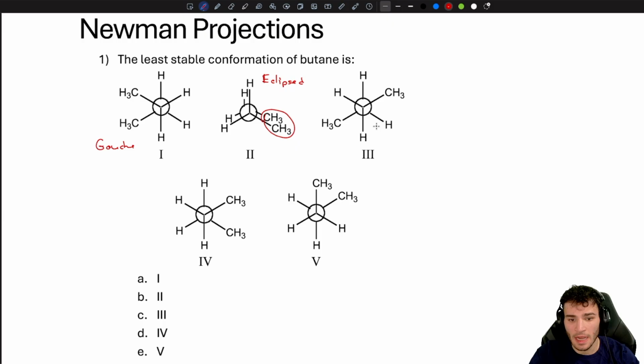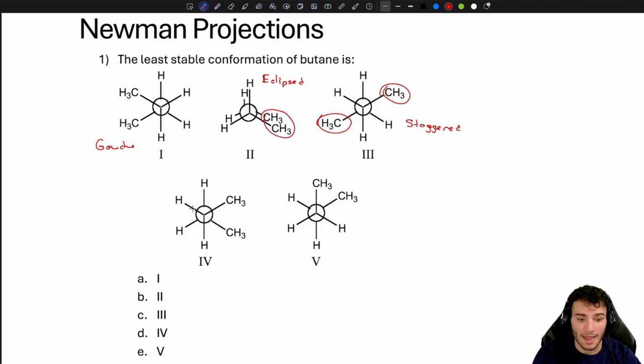In question 3, however, it seems similar to our first gauche conformation, but notice that our two largest groups are actually on complete opposite sides. And so this is called our staggered conformation. And so there's not much becoming more stable than this conformation, right? There's no other way to rotate or move around these two carbons, the front and back carbon, to make this any more stable.